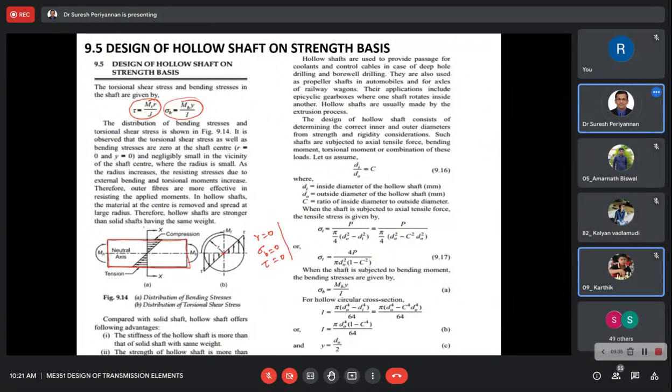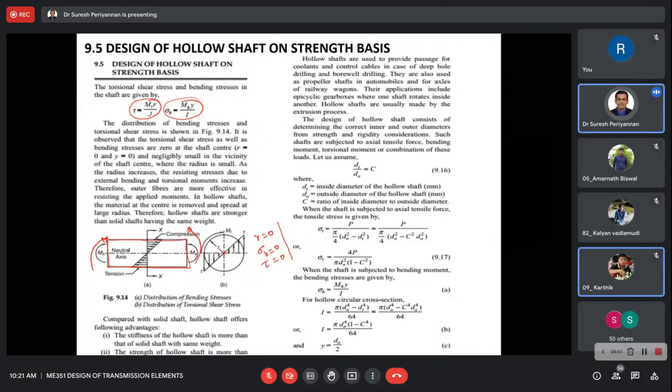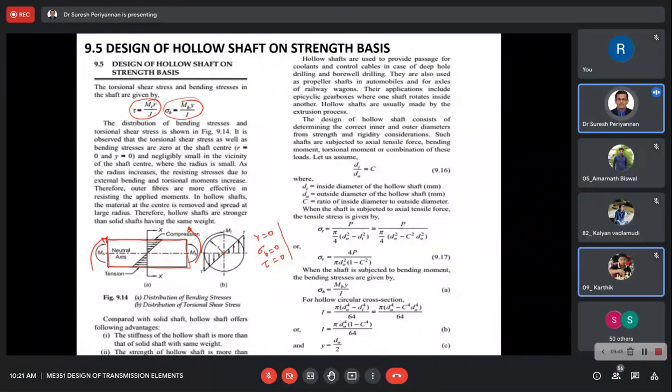When the bending moment is acting like this, the upper layer is compressive and the bottom layer is tensile. Similarly, in the cross section, when the shaft is subjected to torsion, the top layer has tau here and the bottom layer has tau here. It looks similar to our Mohr circle, right?